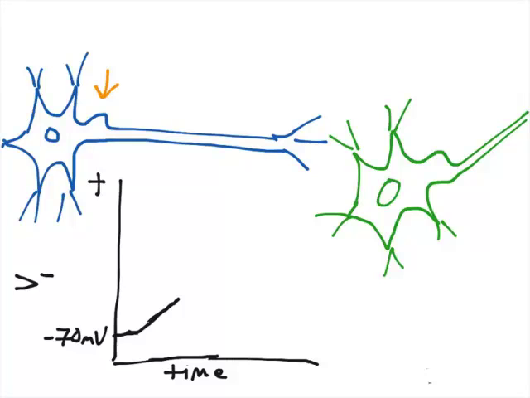Once we've depolarized the neuron about 15 millivolts, that will be the trigger zone. That is what that voltage-gated channel is looking for, a change of about 15 millivolts. We call that the threshold of excitation.